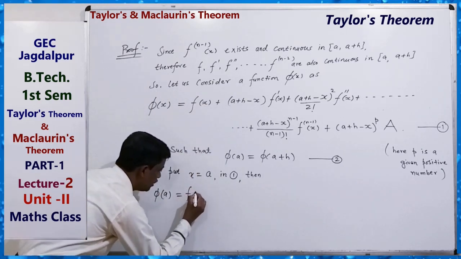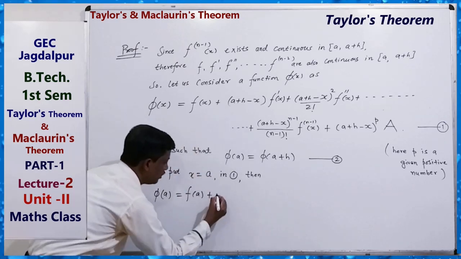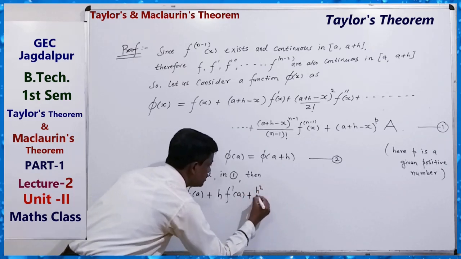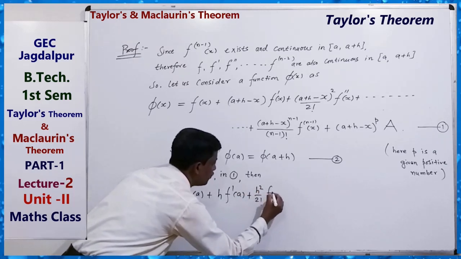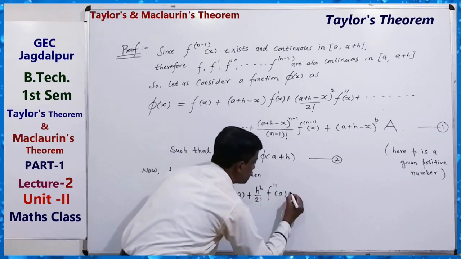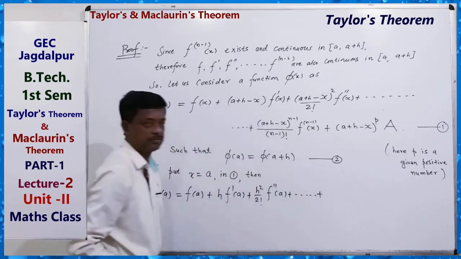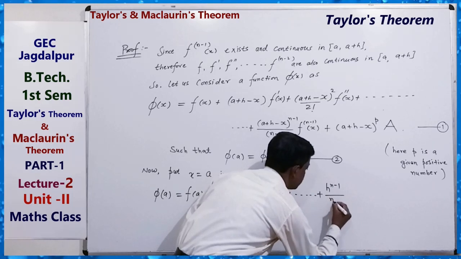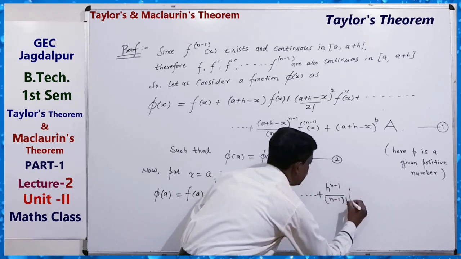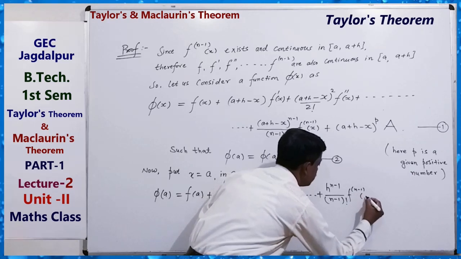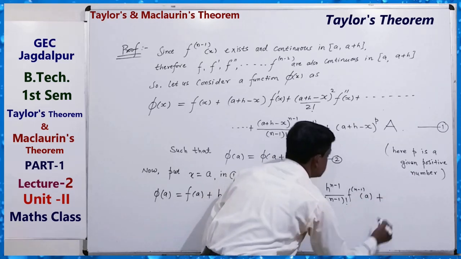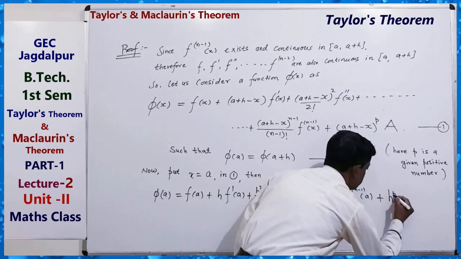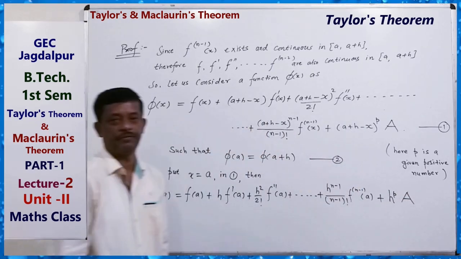So f a plus h f dash a plus h square by 2 factorial f double dash a plus, and so on, here h to the power n minus 1 upon n minus 1 factorial f n minus 1 derivative of a, plus h to the power p into A. This is phi a.